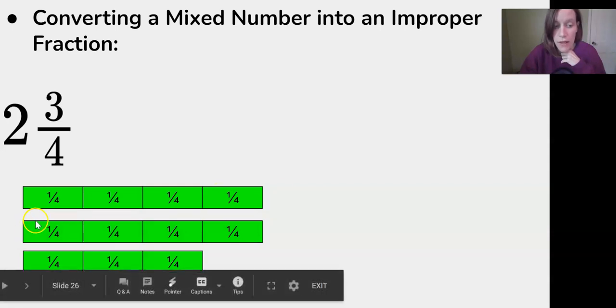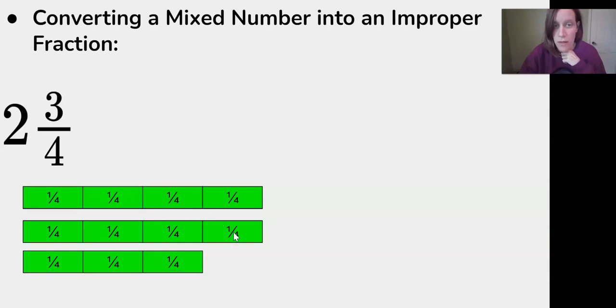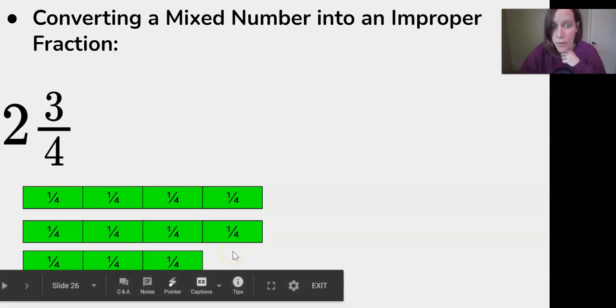Our other whole candy bar can also be split into fourths, and it's 1, 2, 3, 4 fourths. When we're looking at an improper fraction, we want to ask, how many fourths do we have? If we drew a picture like this, we could just count them and see how many.